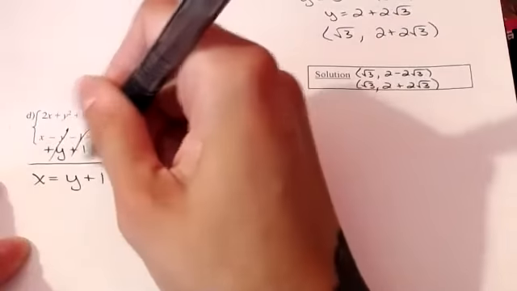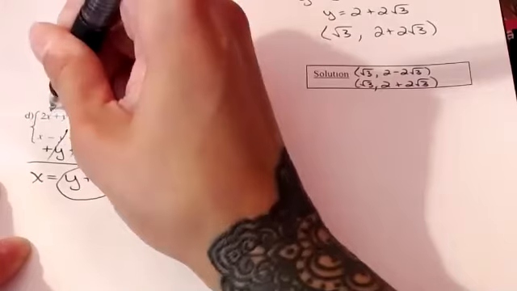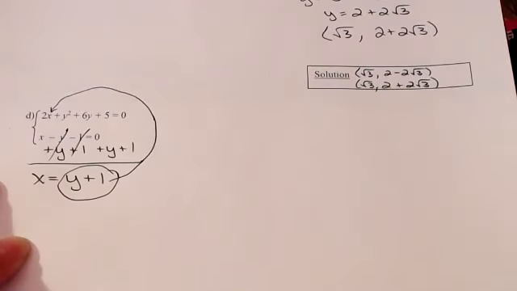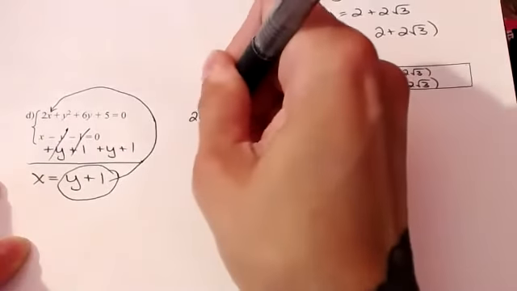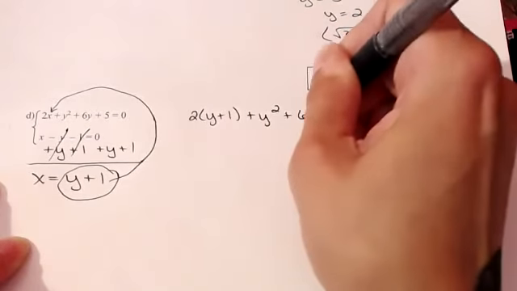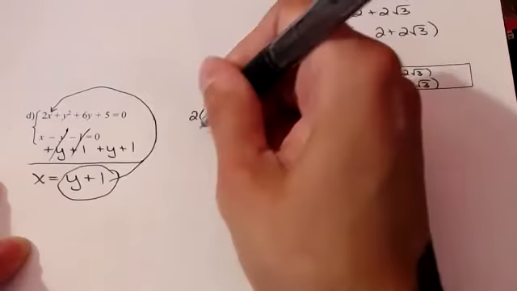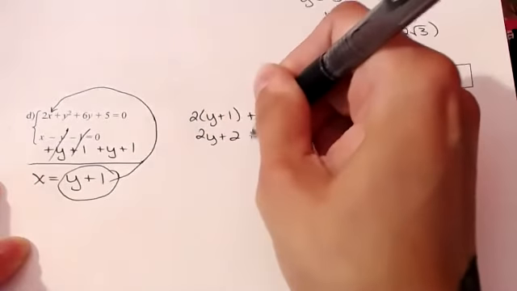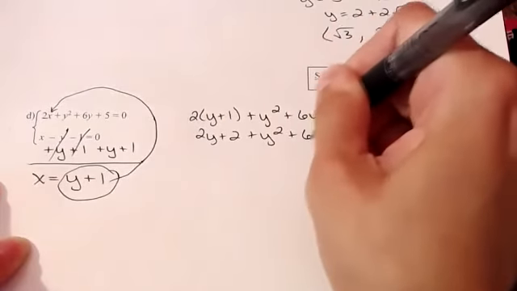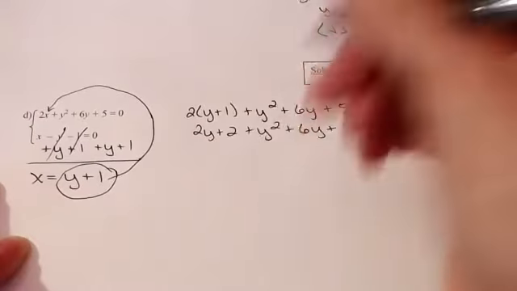I'm going to take this information and plug it into the x in my first equation. So I have 2 times y plus 1 plus y squared plus 6y plus 5 is equal to 0. Let's distribute. And then, of course, let's combine like terms. So my largest term is y squared.